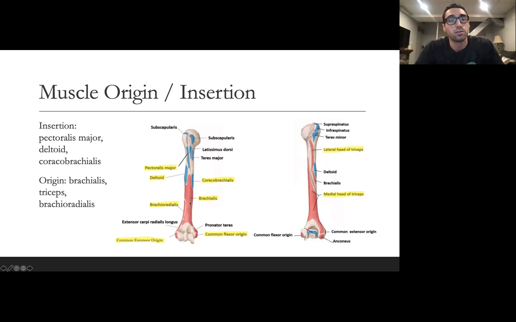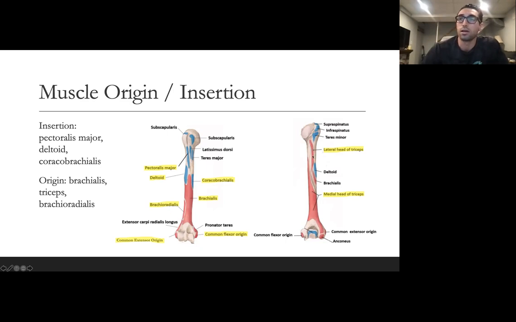Moving more distal, now we can talk about the origins of a couple muscles. So the brachialis has its origin on the anterior distal part of the humerus, the brachioradialis distally on the lateral part of the humerus, and then moving even farther down, the common extensor origin on the lateral epicondyle, and then the common flexor origin on the medial epicondyle.